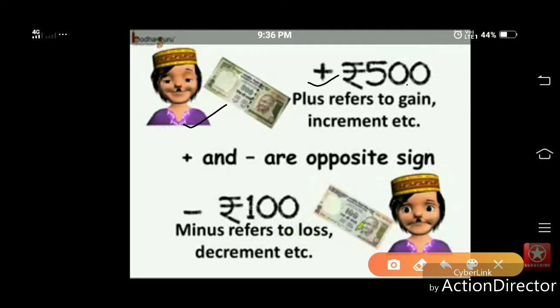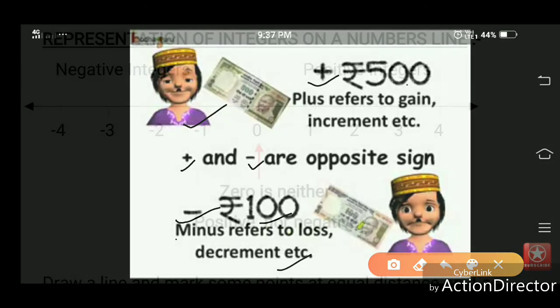Plus refers to gain, increment, etc. If the shopkeeper loses 100 rupees, we denote it as minus 100 rupees. Minus refers to loss, decrement, etc.